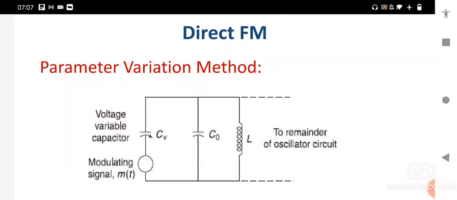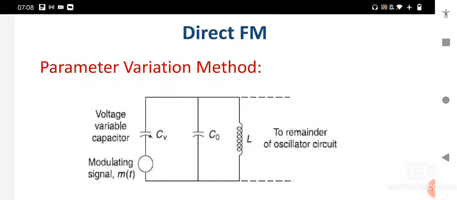The frequency of the oscillator is directly controlled by the message signal m of t, which we assume is a voltage signal, because the message signal is typically measured in volts.